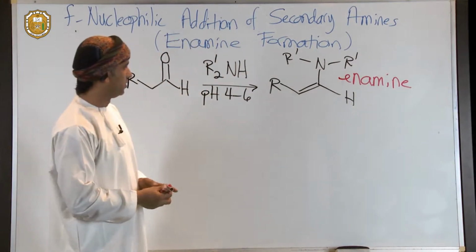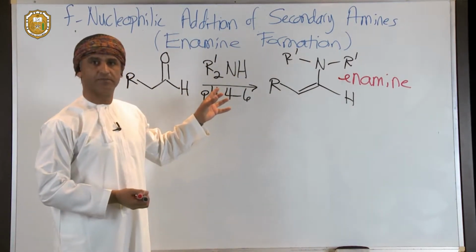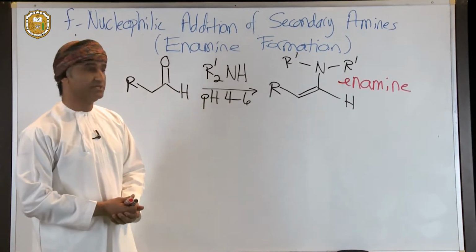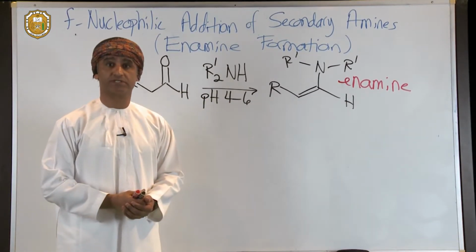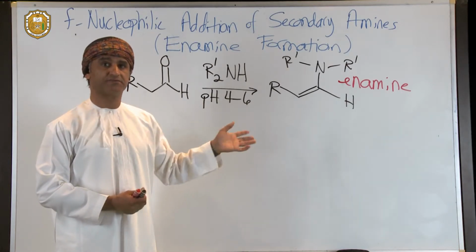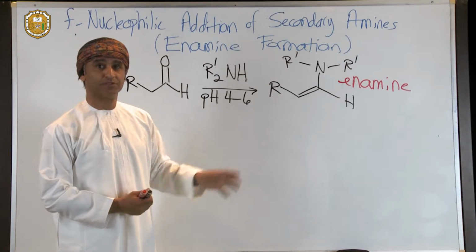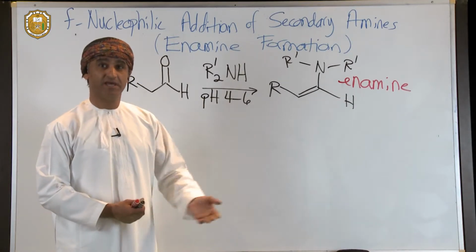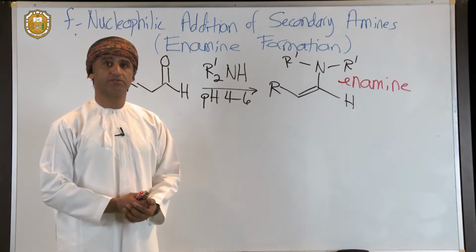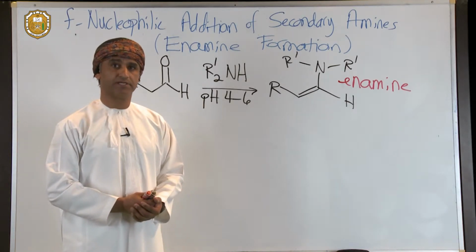But why is that so? Why does the outcome of this reaction lead to the enamine if we use, for example, a secondary amine instead of a primary amine? Why doesn't the reaction lead to an imine, as we have seen before when aldehydes and ketones react with primary amines?